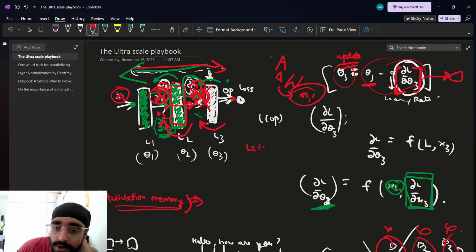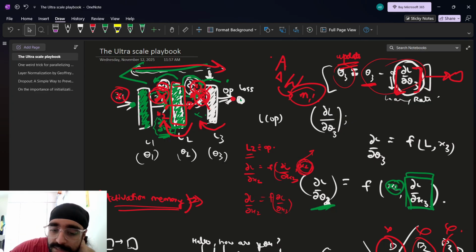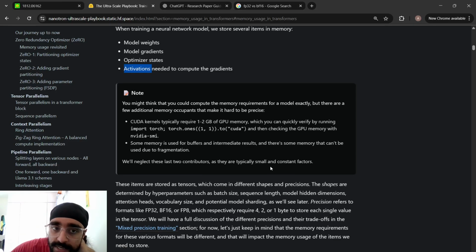Let's say L2 is an operation. For certain types of operations, to calculate dL/dx2, which I said is a function of this and this, it is actually just a function of dL/dx3. So we do not even need to store x2 in that case. So activation memory is, I would say, model dependent, and we'll see how we can estimate it.